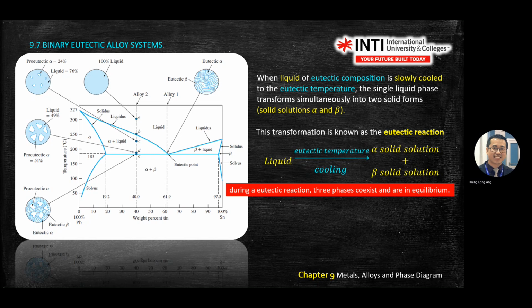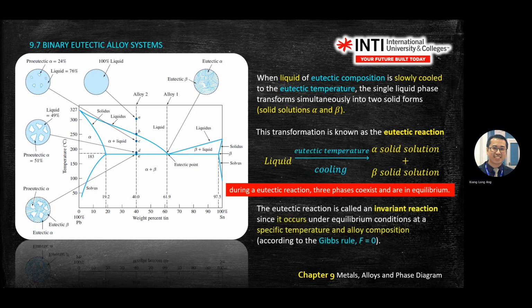Again, during eutectic, three phases coexist in equilibrium. So here, along this line, what do you see? Alpha, liquid, and beta. Okay, the rest you read. Here, if you apply the Gibbs phase rule, the degrees of freedom is 0. So you cannot change anything. Everything is fixed for that particular point.